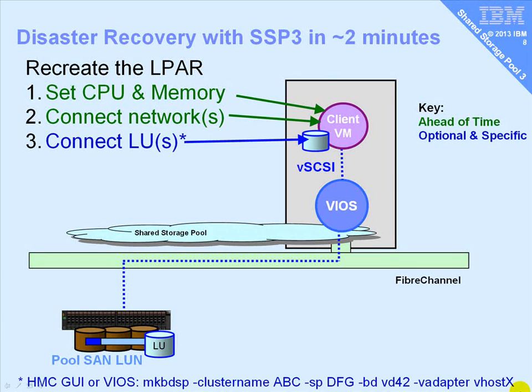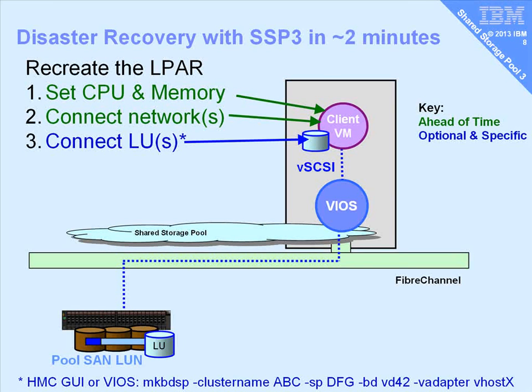Next, we're going to have to connect up the logical unit disks, so that we have the disk space allocated. We can do that in one of 2 ways. On the HMC graphical user interface, we can list the LUs in the pool, select one, assign it to our new client virtual machine, and go around in a loop.